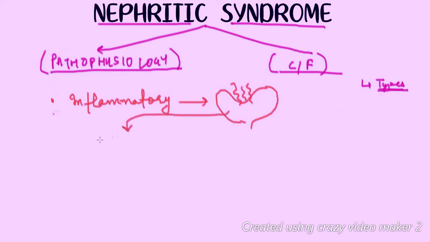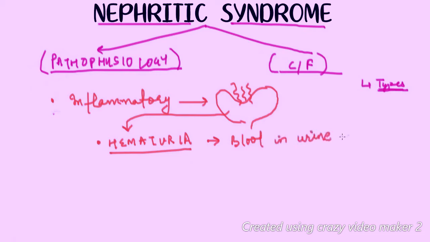As a result of the inflammation in the glomerulus, the first thing that will happen is the hematuria. The first and foremost thing that helps us to know this is a nephritic syndrome is the hematuria, that is, we will have blood in our urine. So the hematuria is the first clinical finding in case of the nephritic syndrome.